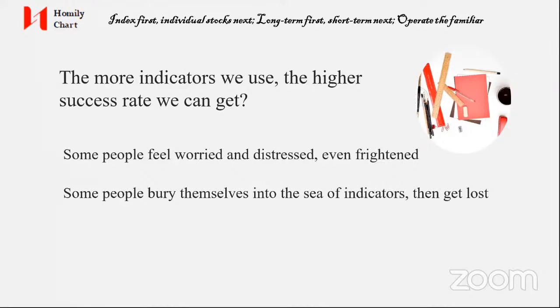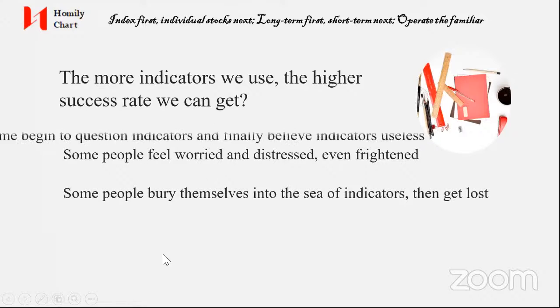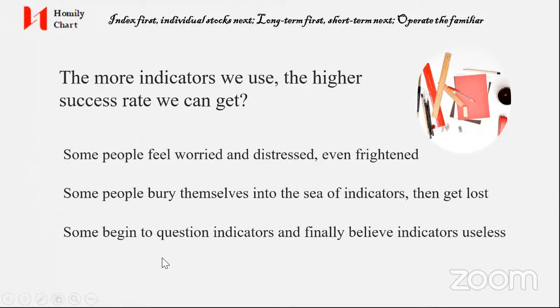Then for some people, if they continue to bury themselves in the indicators, they cannot get out of this labyrinth of indicators. They begin to question, is it really useful? Do the indicators really work?